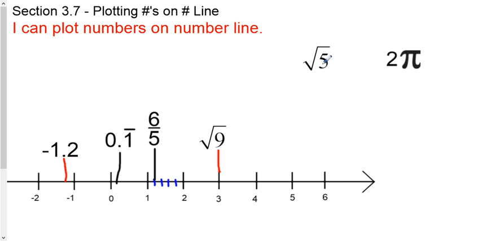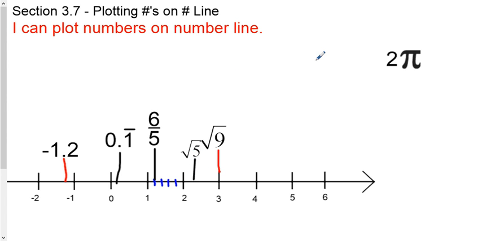So the square root of 5 is right about here. We would estimate this to be roughly 2.2, maybe 2.3, but I'd say probably 2.2 if we're going to the nearest tenth. And so that's set up in a proper spot.